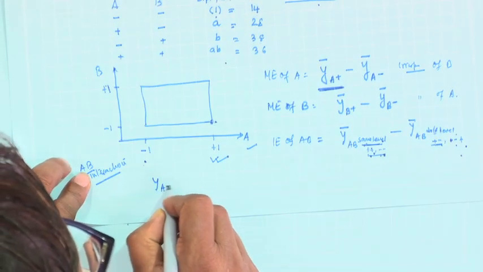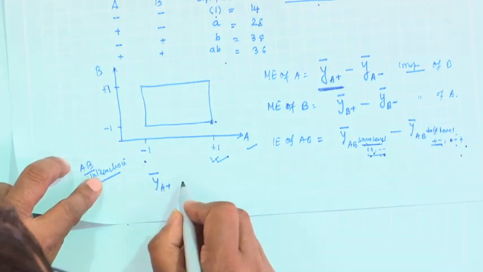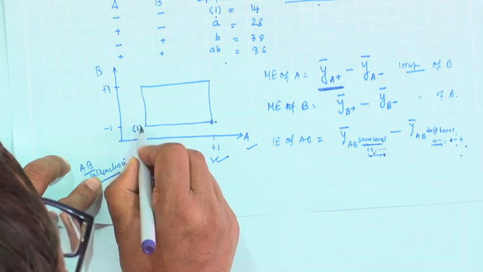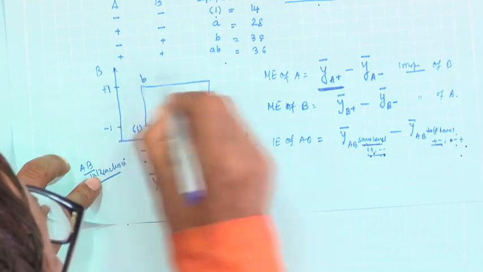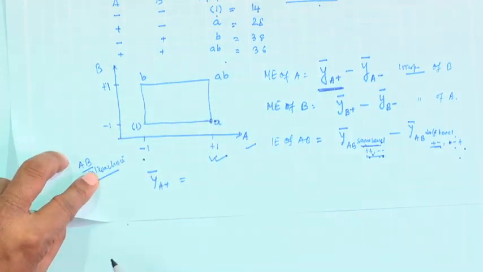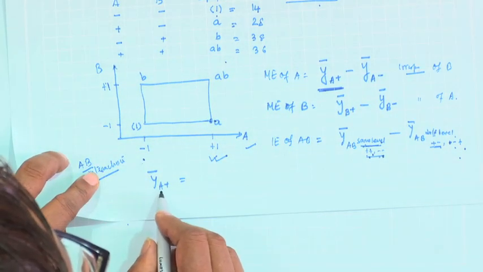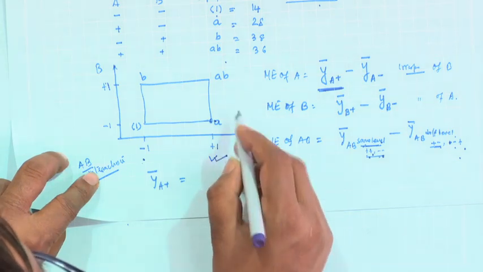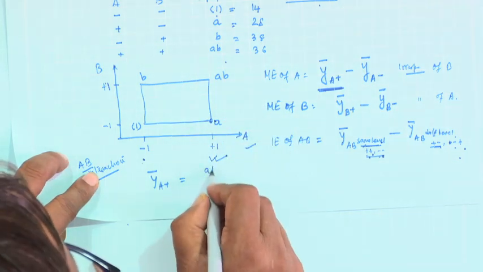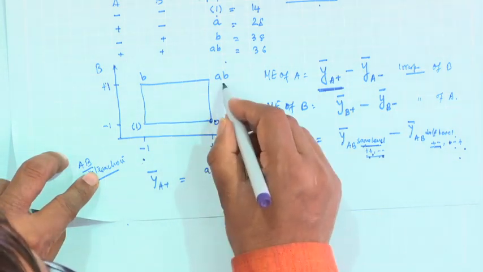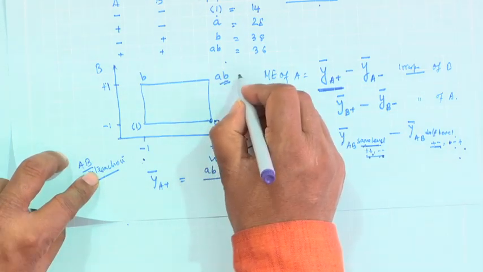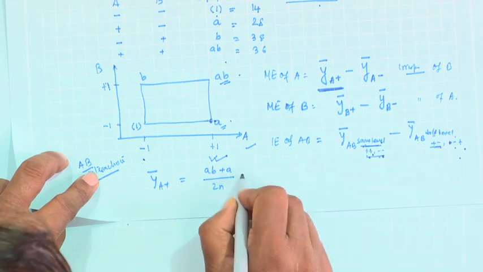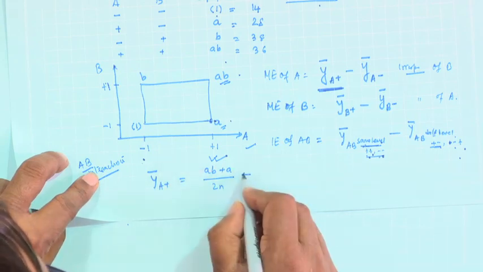Suppose I want to know what y A positive bar is. We know the total here is 1 within bracket, here is a, here is b, and here is ab. So, y A plus bar is, when A is at high, what is the total? ab plus a, and the number of observations is 2n.